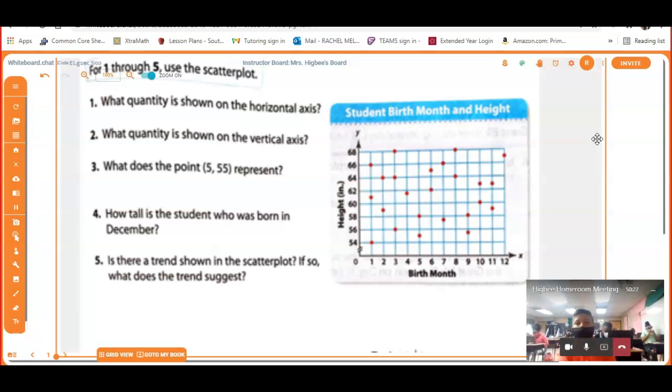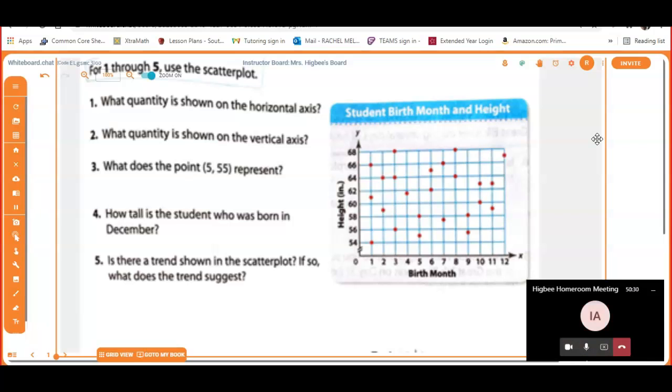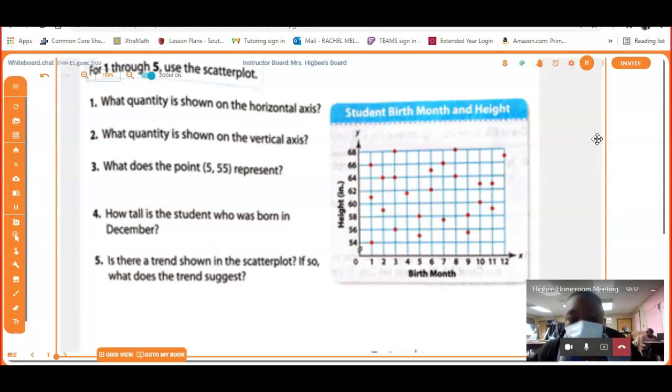I hear somebody say no. Why would you say no to that? Probably because it's all scattered. It's scattered everywhere, isn't it? If I tried to draw an arrow, there's no way I could draw an arrow that was increasing or decreasing. So that means it really does not matter what month you're born as to what height you are.